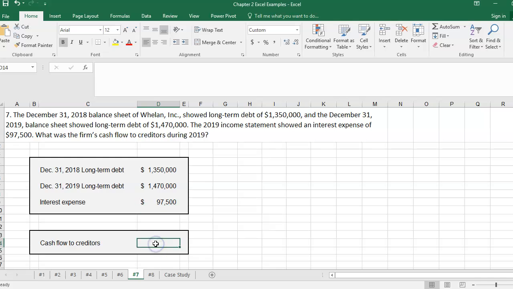So cash flow to creditors is interest minus the change in long-term debt, which is 2019 long-term debt minus 2018 long-term debt. So cash flow to creditors is negative $22,500.